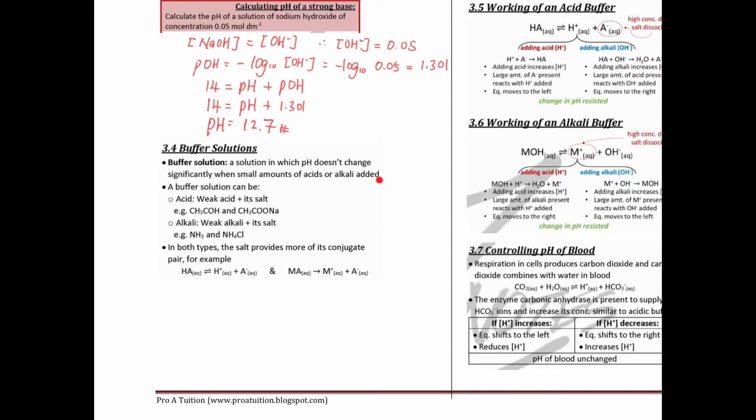Imagine that when you drink Coca-Cola, which is acidic, it doesn't really change the pH of your blood, because there is a buffer system in your blood, which can resist the change.